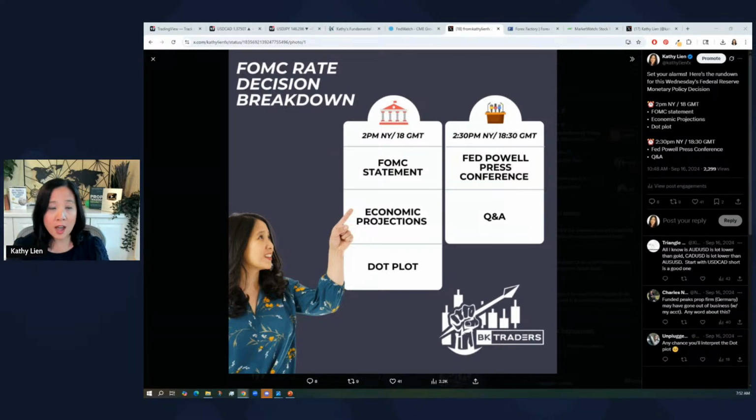So by then we will know the main takeaway from Powell, the message that he wants to give us, whether he's laying the stage for a series of aggressive interest rate cuts or whether he is still going to sound wishy-washy.